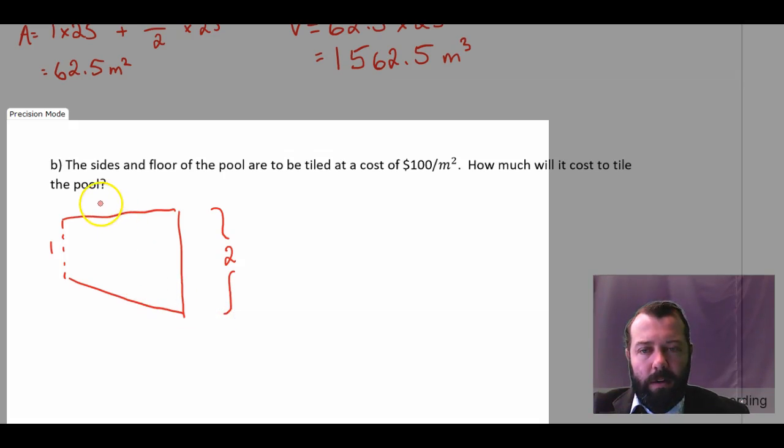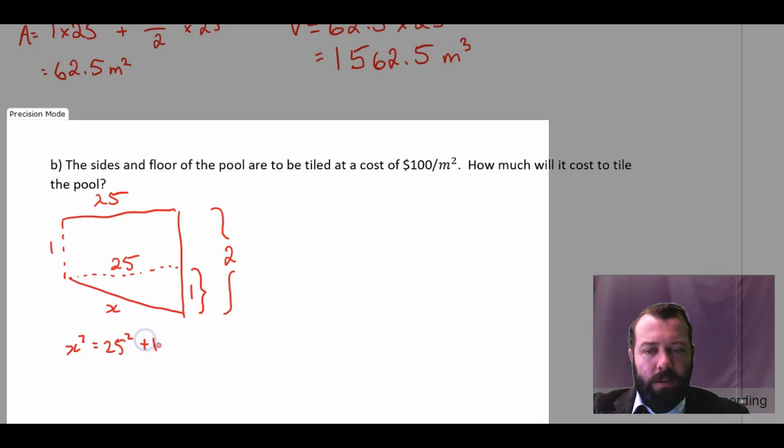It's a 2 there, and it's a 25 here. Now I really need to know how long this side here is. I'm going to call it X. And if I put another little dotted line across here, then I can see that's a 1 there. That's a 25 here. So I can use Pythagoras' theorem and say x squared equals 25 squared plus 1 squared.